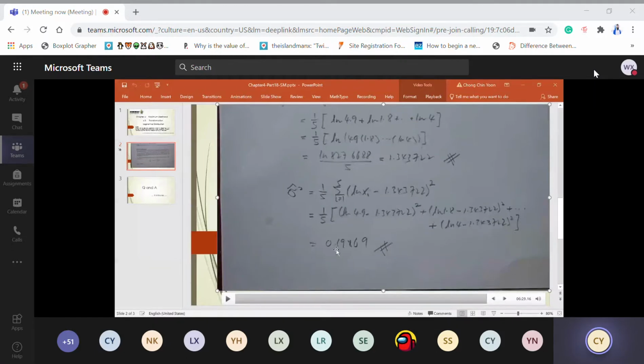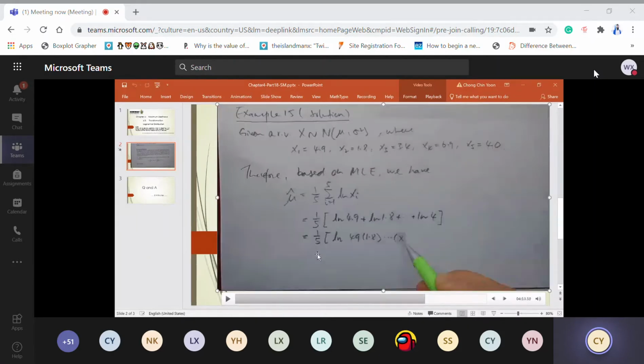Now, until today's class, for normal and log normal, you must understand that sigma square in the normal distribution is the variance, and mu in the normal distribution is the mean, the average.